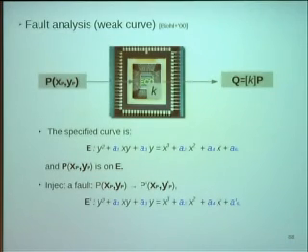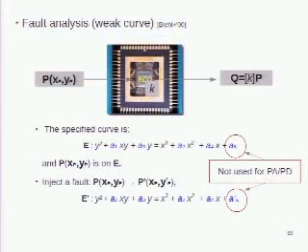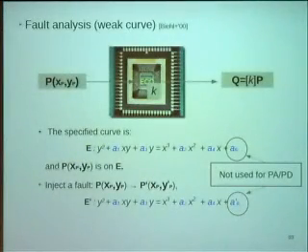The only difference is you can find another curve that differs from this one only in A6. And this A6 is not used in the point addition or point doubling. So you can choose a y coordinate here such that this point is on this curve, and this curve E prime is a weak curve. So the output is also a valid scalar multiplication result on this curve. You can use this output and this input P prime to solve the ECDLP on this curve to get the key.